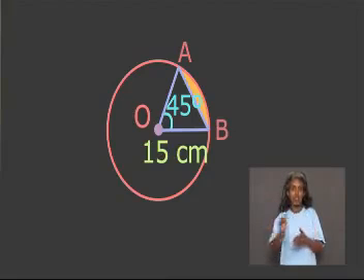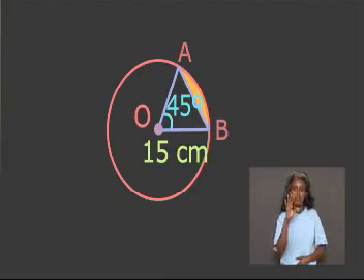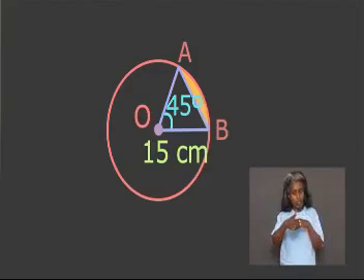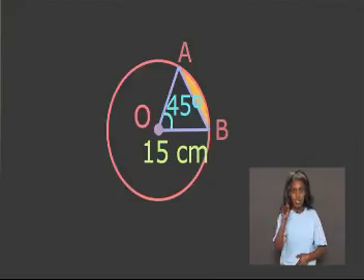The segment has a radius of 15 centimeters, but is cut off by a chord subtending a 45-degree angle at the center. Please try to find the area of the segment and the perimeter of the sector. Students, let's get ready.